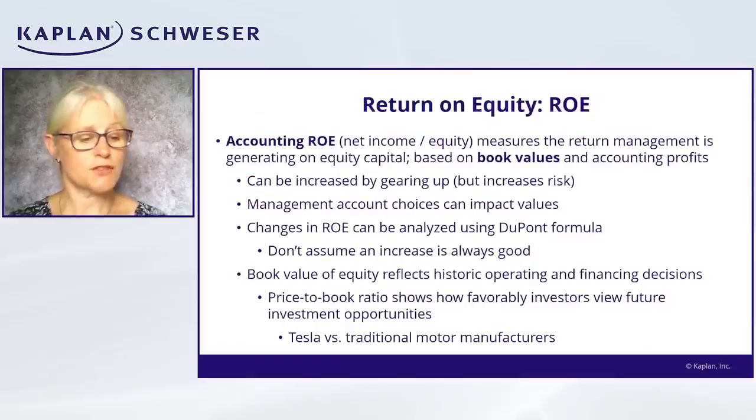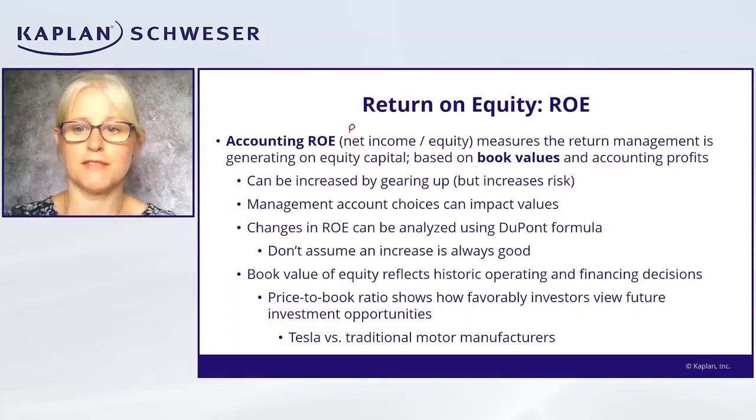So moving on, we've got the return on equity. And remember, I said there's two return measures that can get confused. So we meet the first one here. So as an investor in shares, you might be very interested in looking at the accounts of the company. And the accounting return on equity lets you look at, you could call it the income statement, the P&L. It basically looks at the bottom line, the net income, the profit after tax.